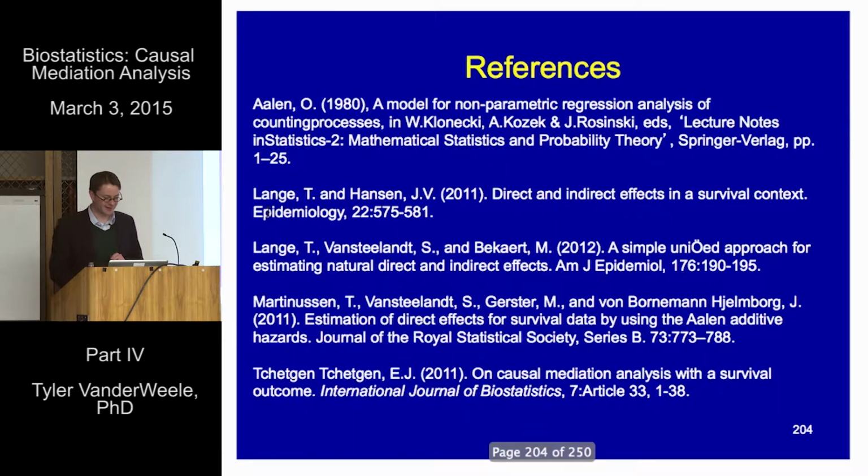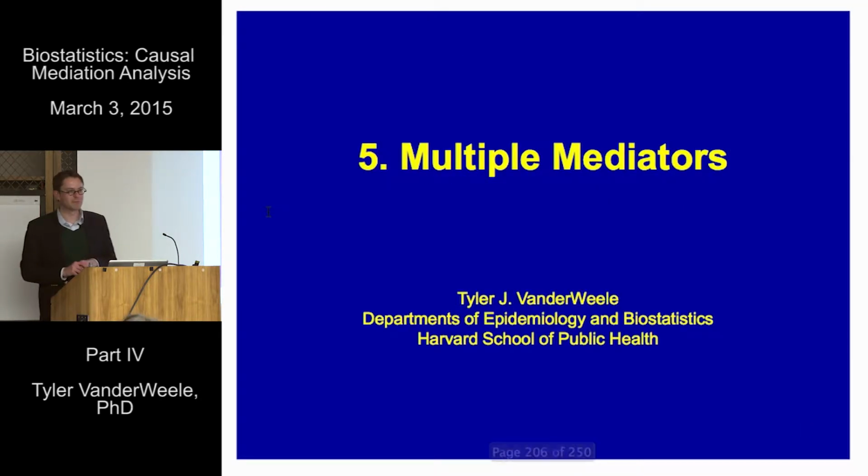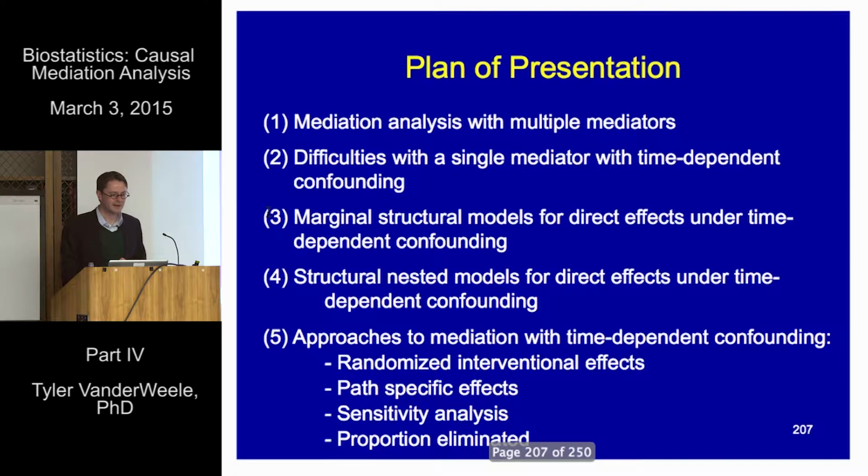Okay, so our last and final topic: multiple mediators. I think we won't quite have time to cover it all, but we'll get most of the way through. With the multiple mediator settings, we really are going to distinguish between two distinct sets of analyses.